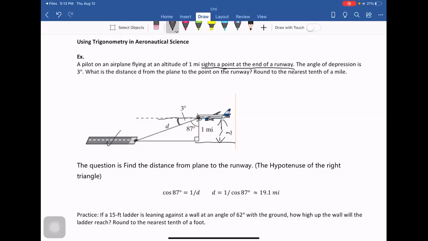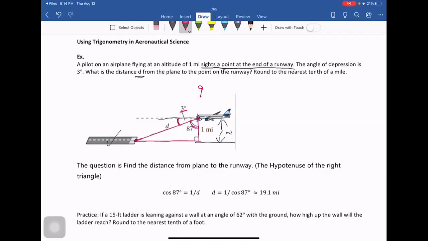What is the distance D? Distance D from the plane to the point on the runway, rounded to the nearest tenth of a mile. The D is from here to here. Actually, you see, this is a right triangle. And this one is 3 degrees, and this one is the complement of 3.